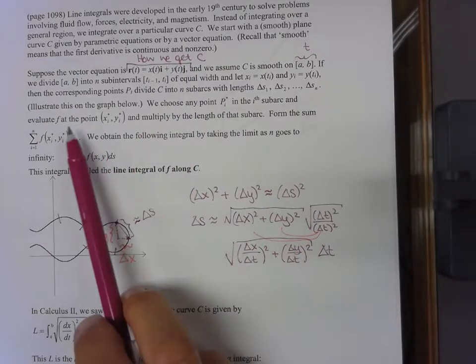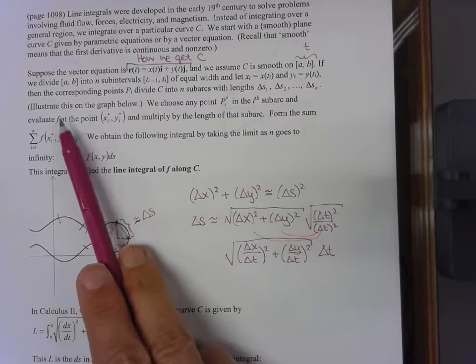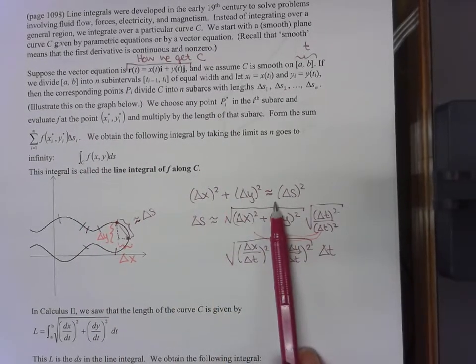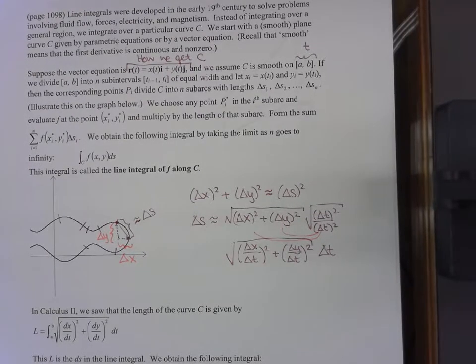So what that's going to give us, the f is going to be like our height, and then the delta s is going to be our length. So we'd have height times a length, or base times height, if you want to think of it that way. So if you do base times height, what the final quantity is going to give us is an area.